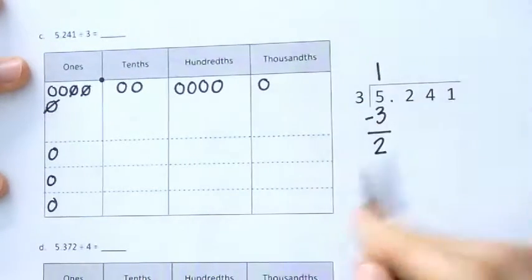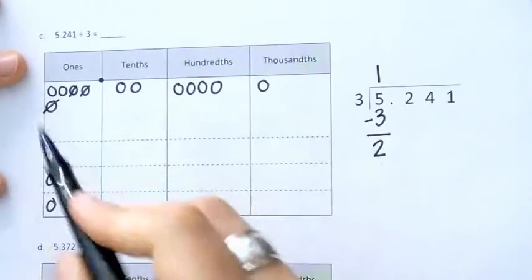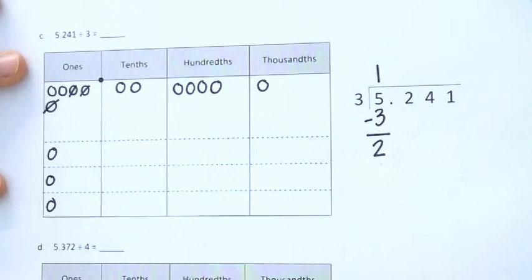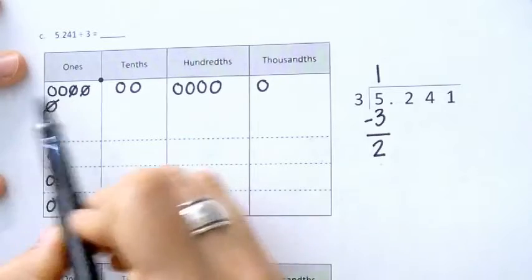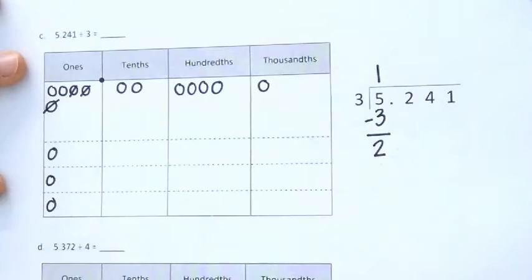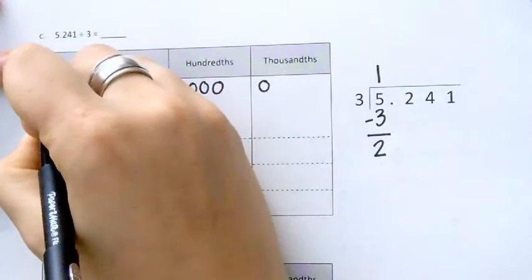2. Where do you see this 2 on our place value chart? Not the tenths place, Ayla. In the ones. What do we need to do with these 2 leftover ones, everybody? If you know it, say it. Unbundle, move them to the tenths.